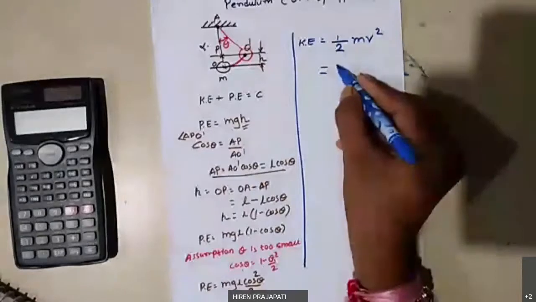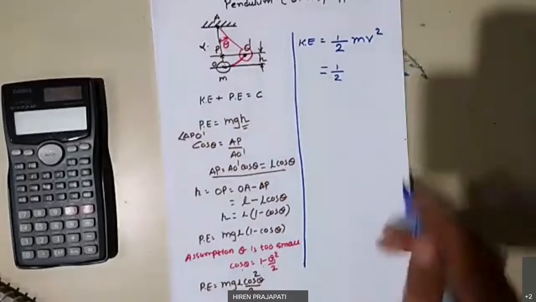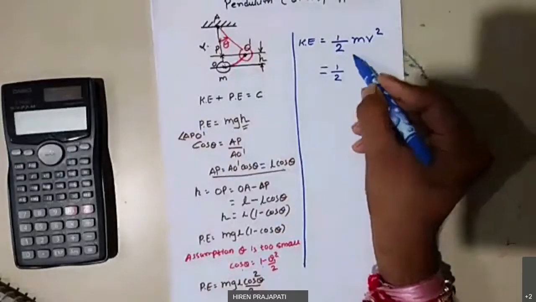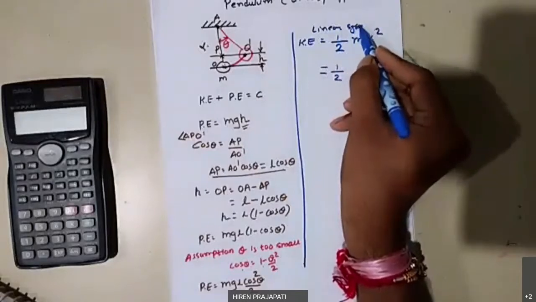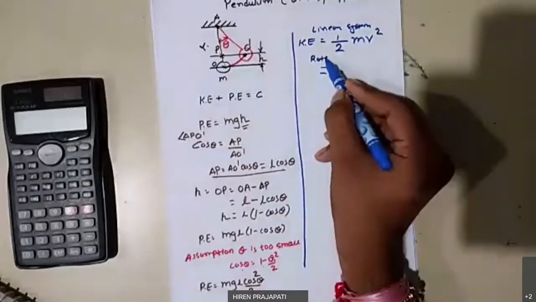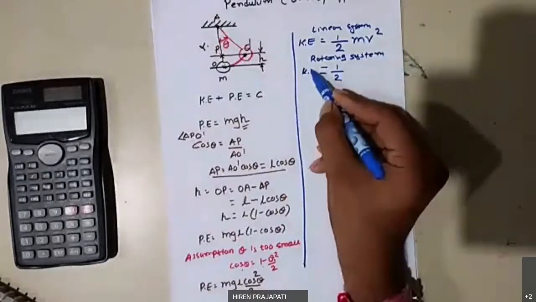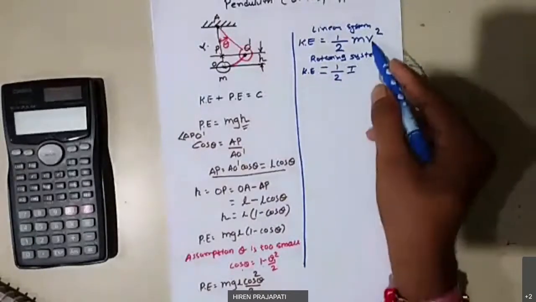Now if you consider mv square, then just correlate this kinetic energy with mass moment of inertia. This is for a linear system, but we are talking about a rotating system. Then for a rotating system, it's an analogy. In kinetic energy, mass is replaced by mass moment of inertia I, and velocity is replaced.